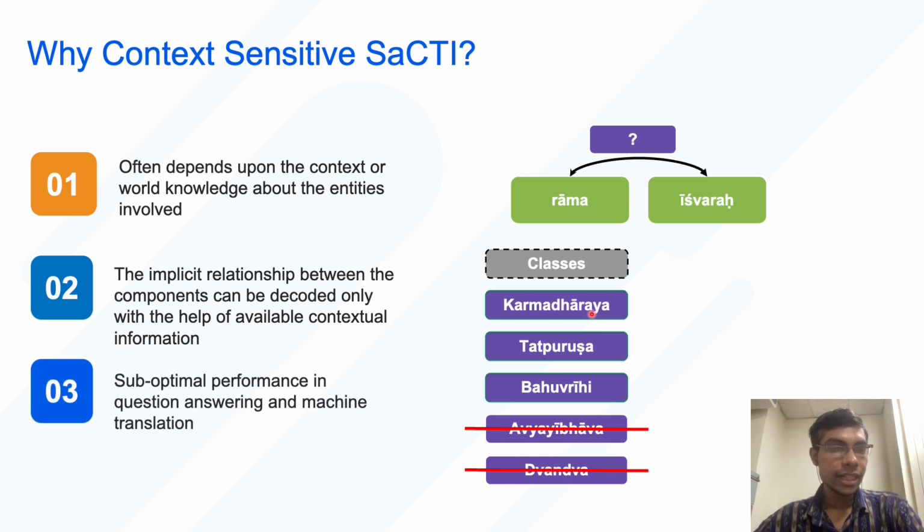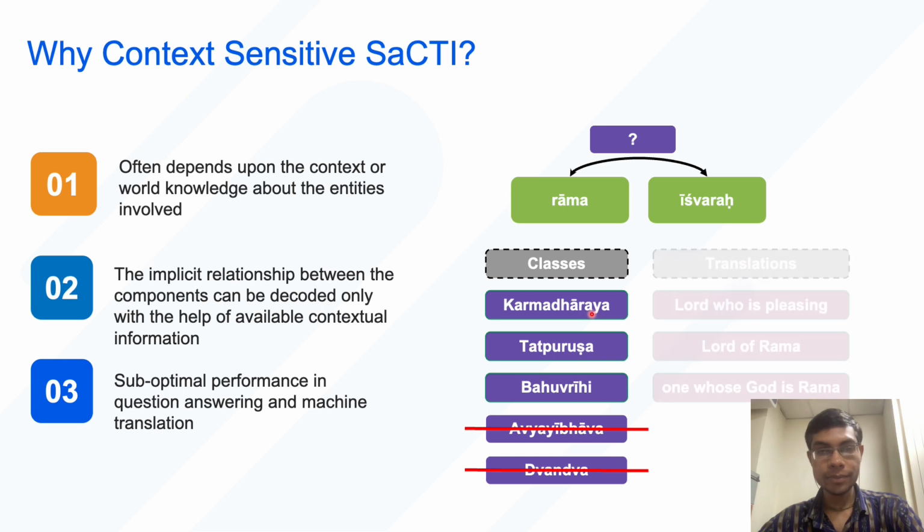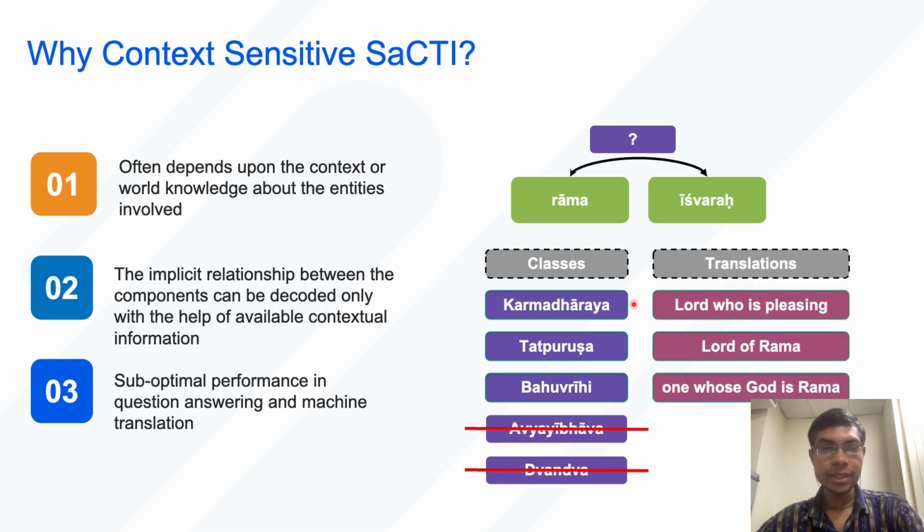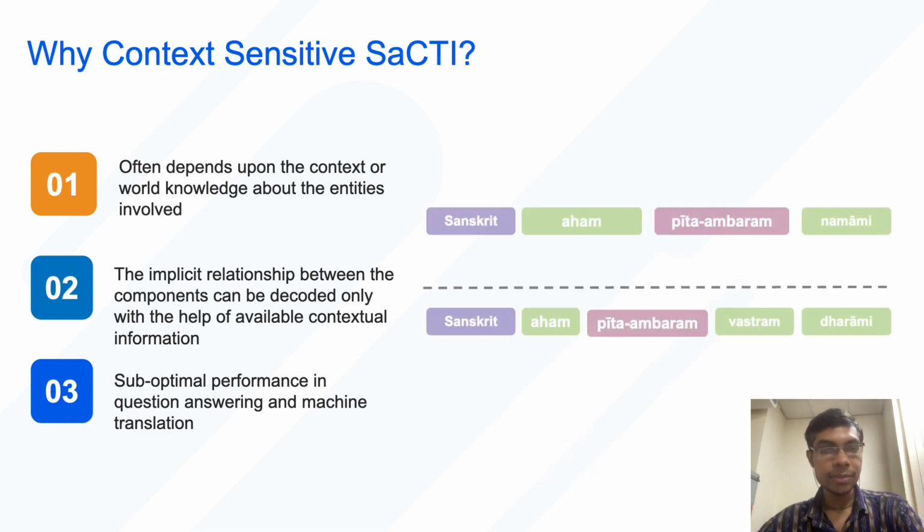So it may cause suboptimal performance in tasks like question answering and machine translation. For example, in Karmadharaya the meaning of this compound would be Lord who is pleasing, in Tatpurusha Lord of Rama, in Bahuvrihi one whose God is Rama. Let me give another example.